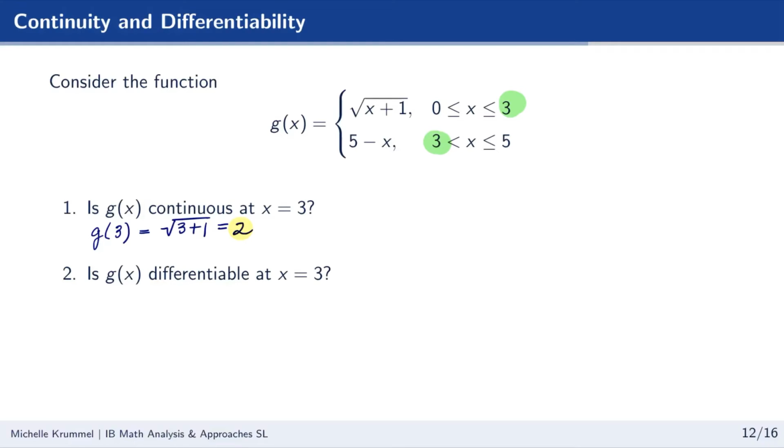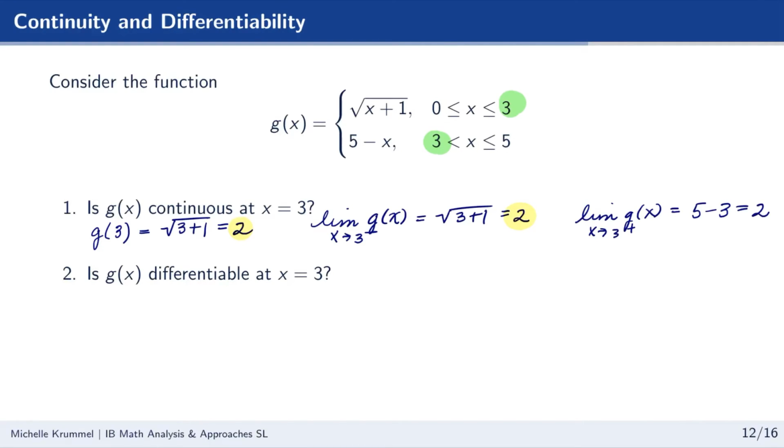So let's check that. The limit of g of x as x approaches 3 from the left, we have to go from the left and the right because 3 is right where that domain splits. From the left equals the square root of 3 plus 1 equals 2, so that's good. So far, so good. And then the limit of g of x as x approaches 3 from the right is going to equal 5 minus 3 equals 2.